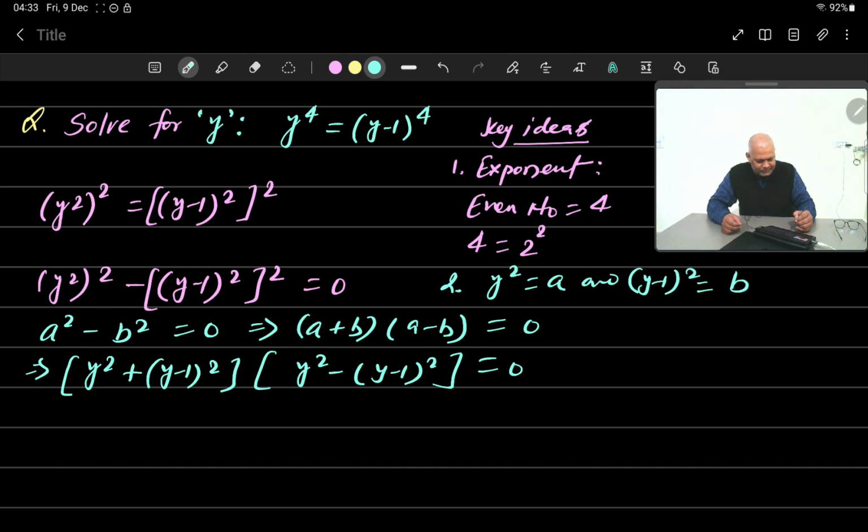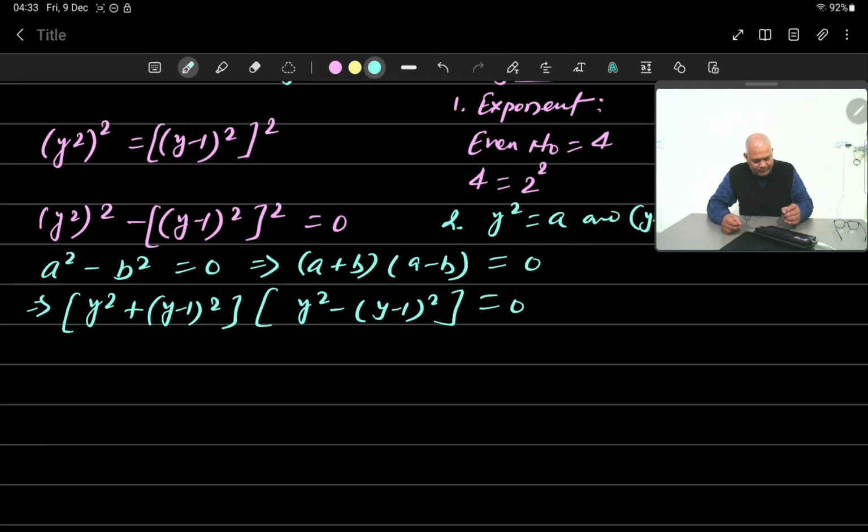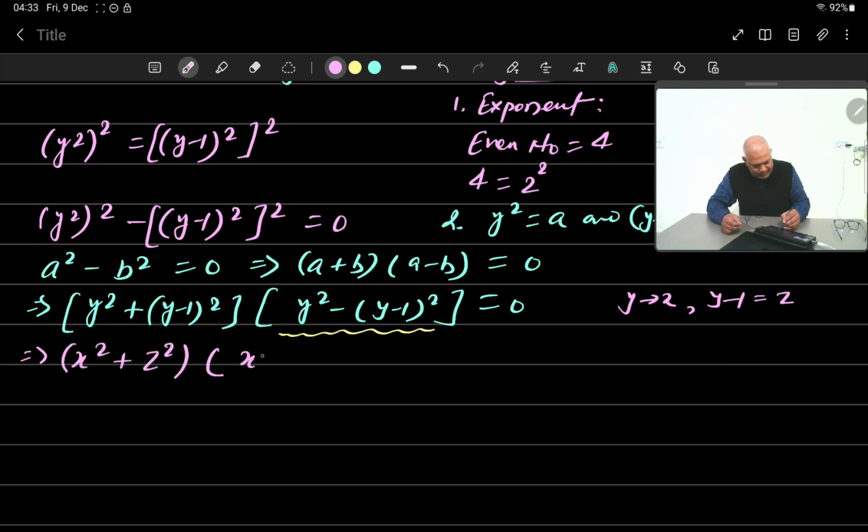Once again we have a very good factor here. Just imagine, if you write y as x and y minus 1 as g, then your equation will look like (x square plus g square) times (x square minus g square) equals 0.